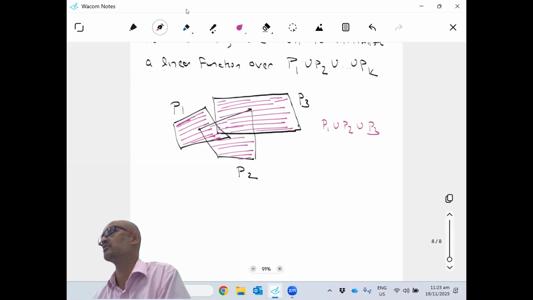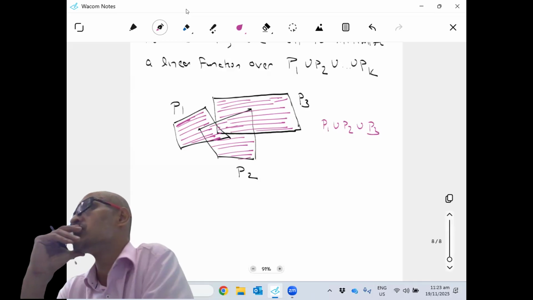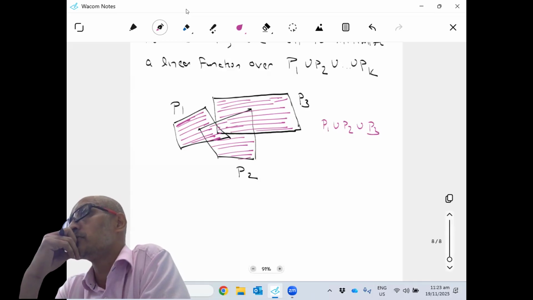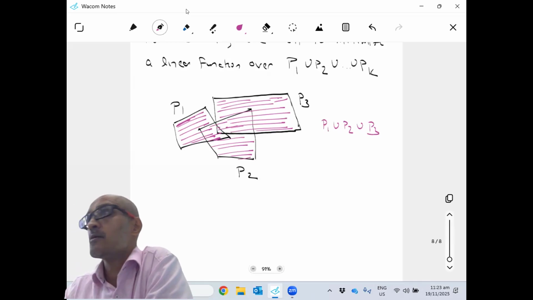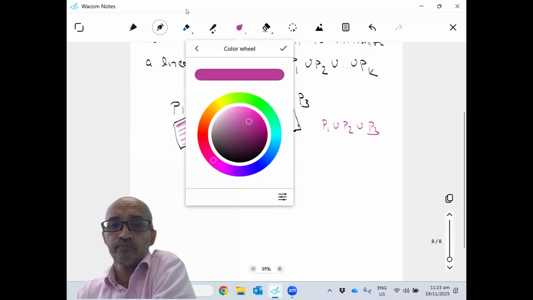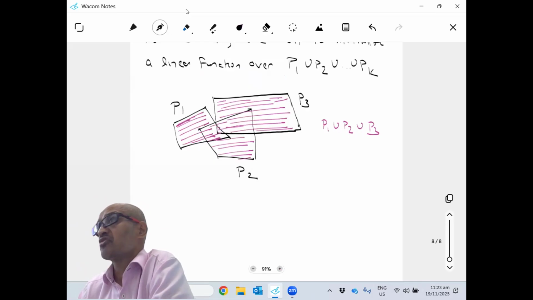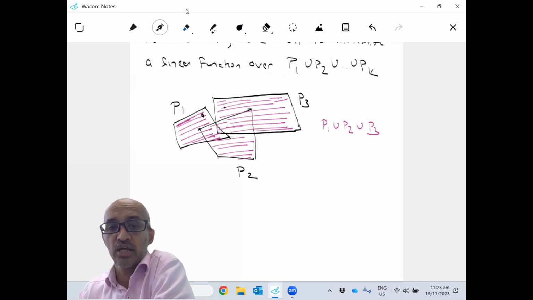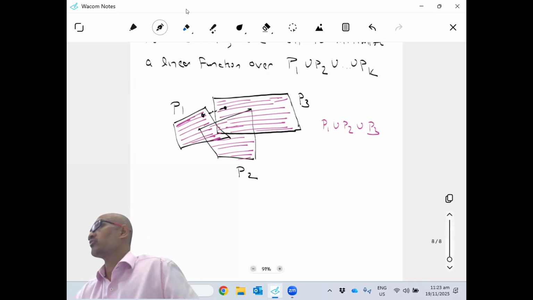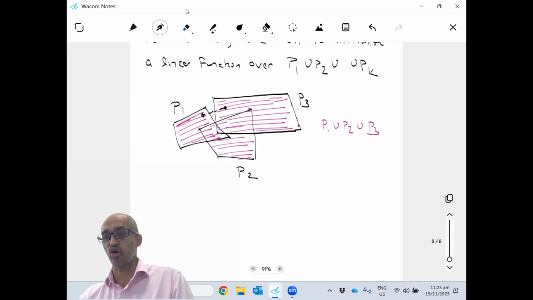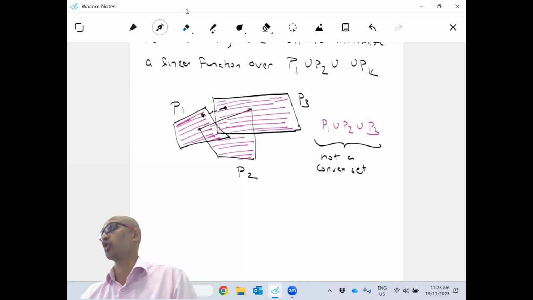Is this a convex set? If I look at the union, just look at the shaded region, this is not a convex set. You take a point here and take a point here. There are points in the middle which don't lie in the set. So this is not a convex set. So it's definitely not a polyhedral set.